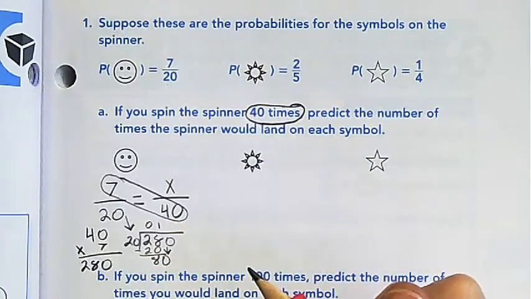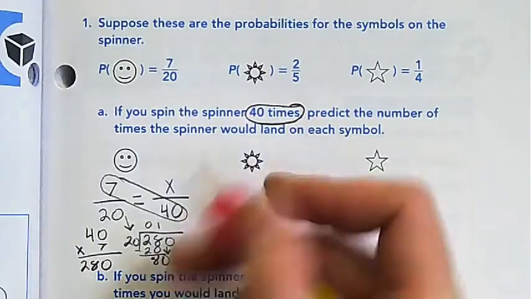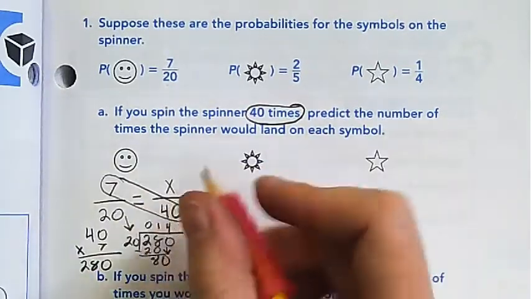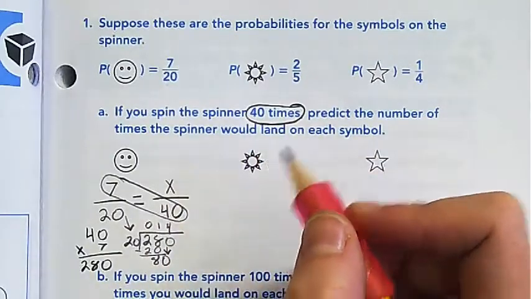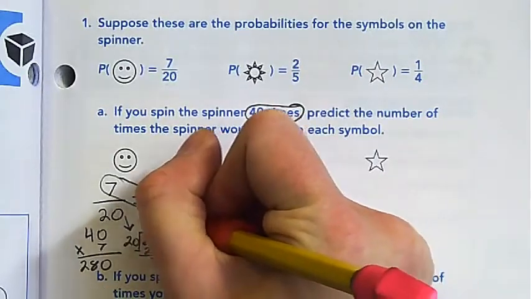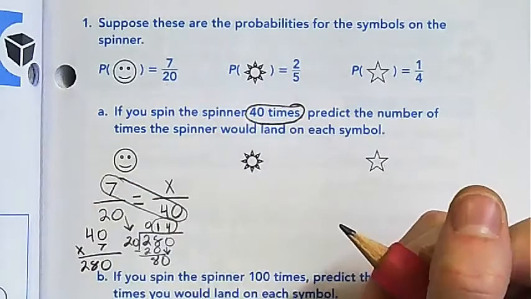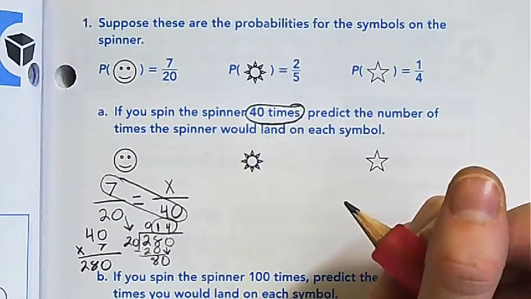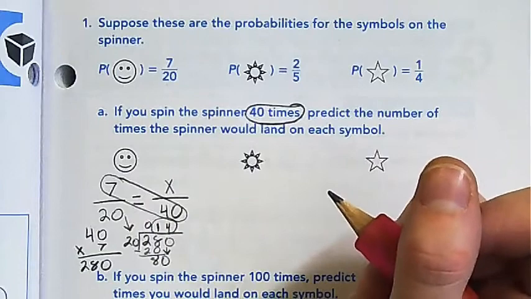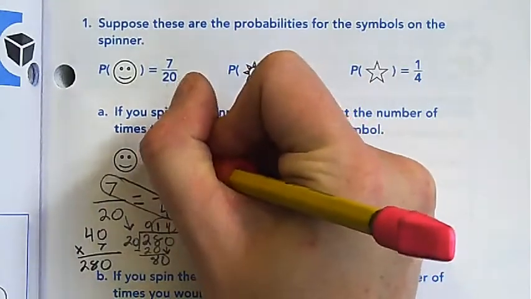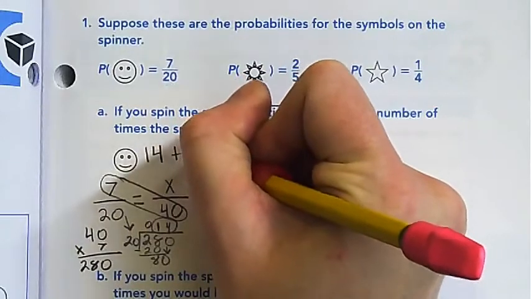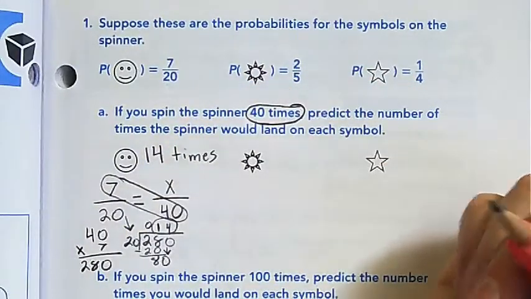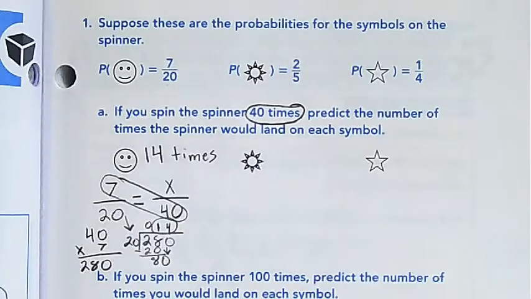Bring down the 0. 20 goes into 80 4 times. And that is our prediction, 14. We're talking about the number of times the spinner will land on a section. So it's a whole number, 14 times. So if we spin the spinner 40 times, we can estimate that the spinner will land on the face 14 times.